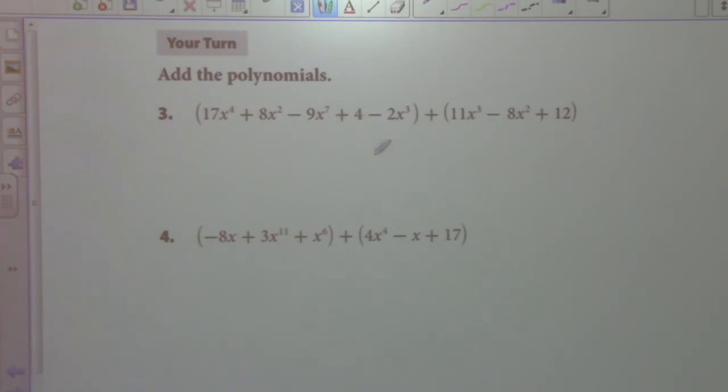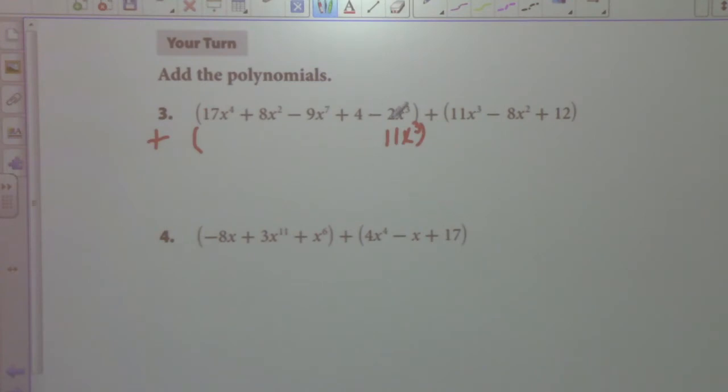I'm going to take this like term here, 19x^8, which I see is in common with the x cubed term here. So right underneath it, I'm going to put plus 11x cubed right underneath. Does that make sense to you?